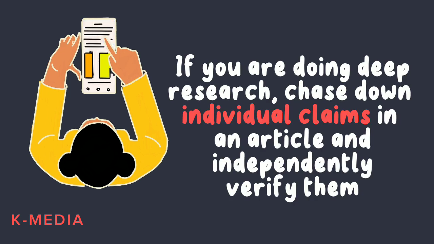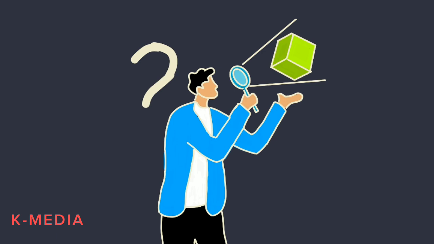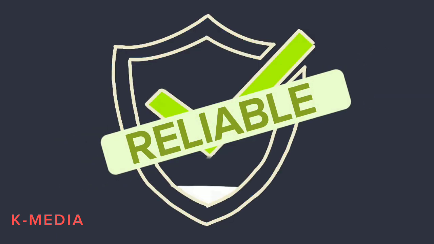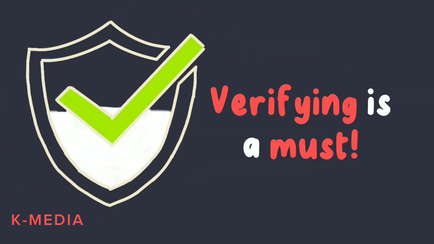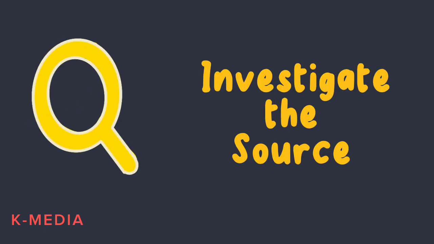If you are doing deep research on your own, you may want to chase down individual claims in a newspaper article and independently verify them. This is a nice way of checking the reliability of the context that you are currently reading. Verify is a must.